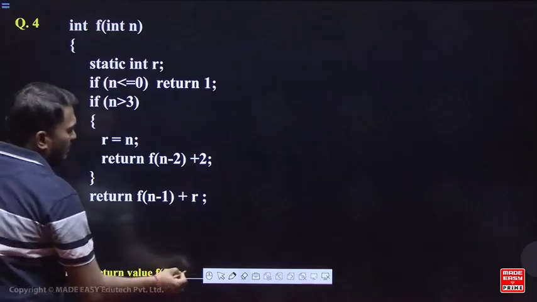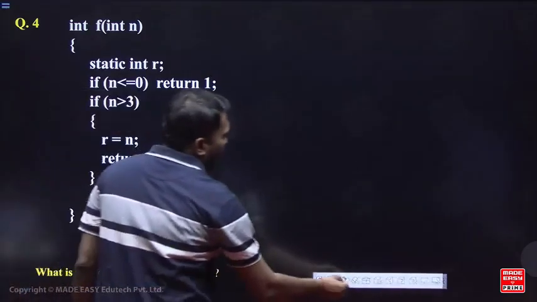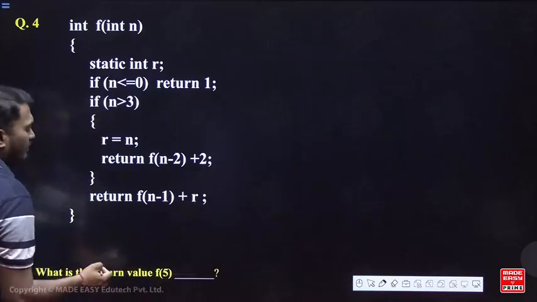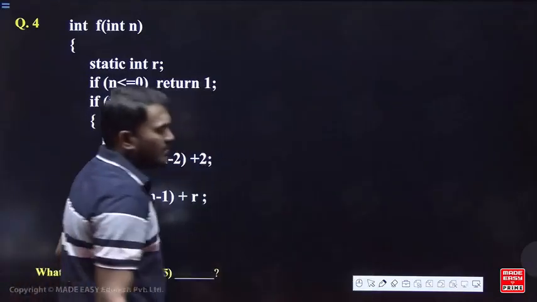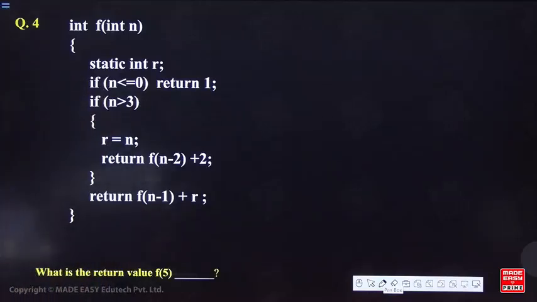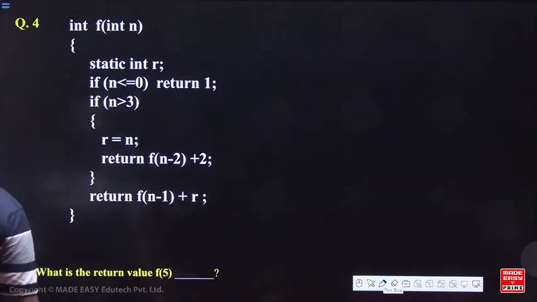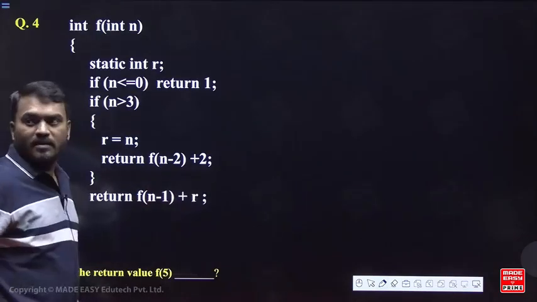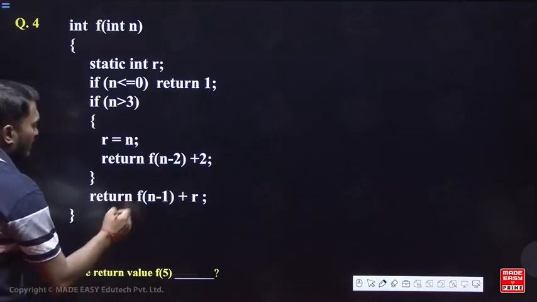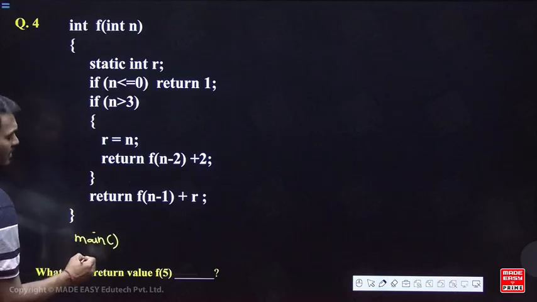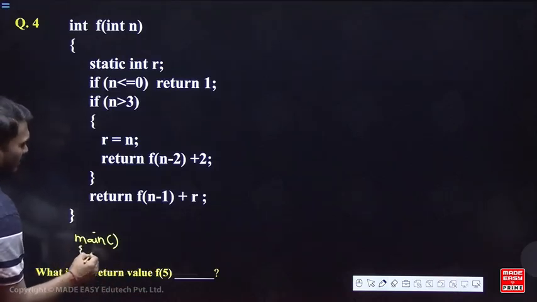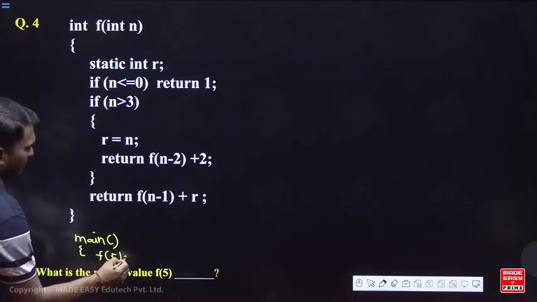Same thing, what is the return value of f of 5? So f of 5 means f of 5 is called from the main. You can just imagine, you are having main, and in the main you are calling f of 5.